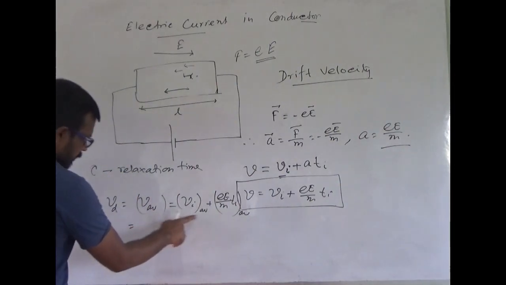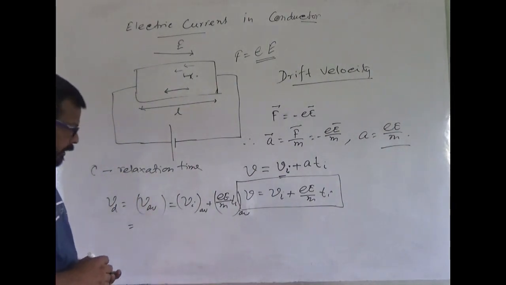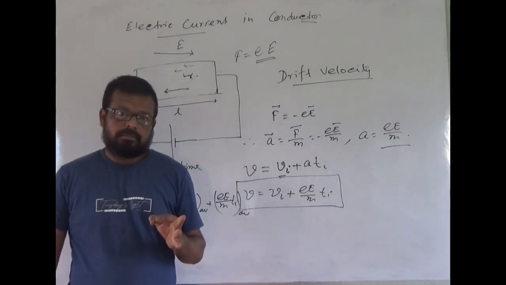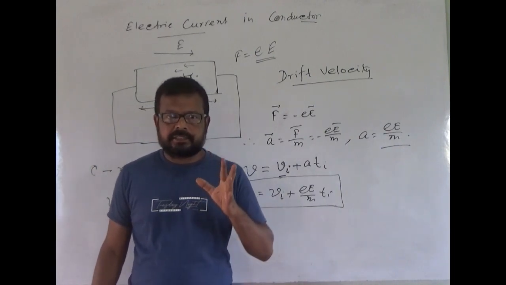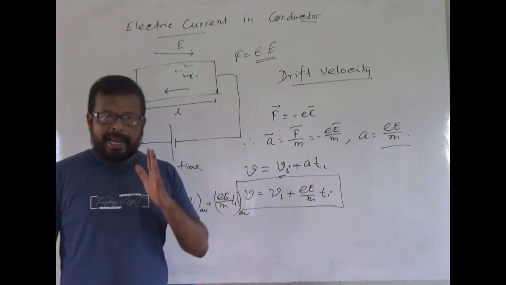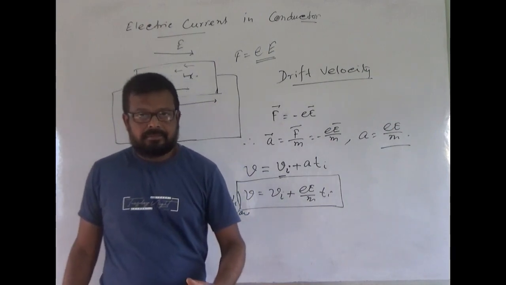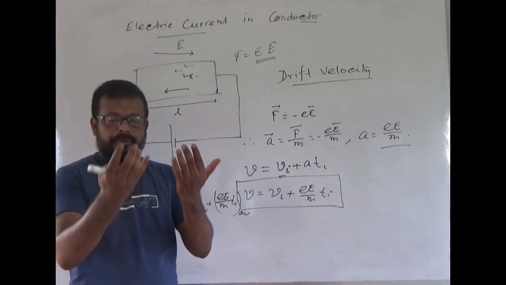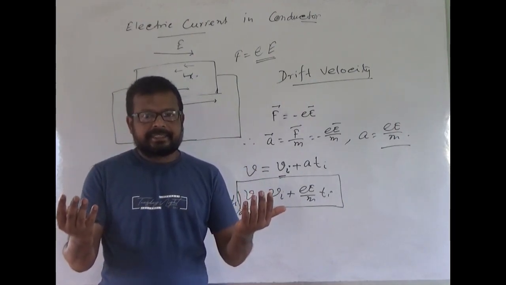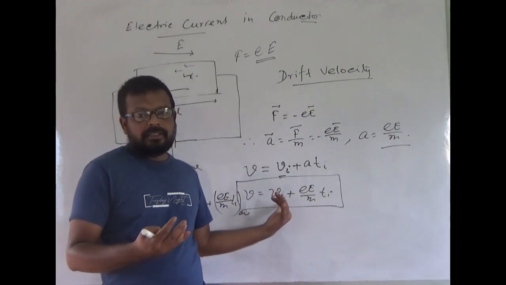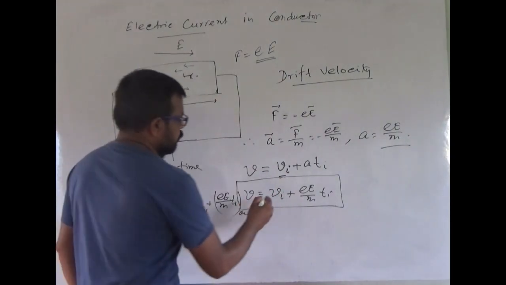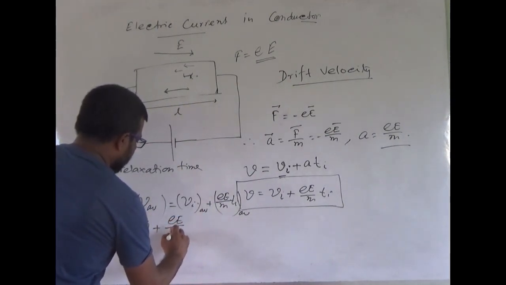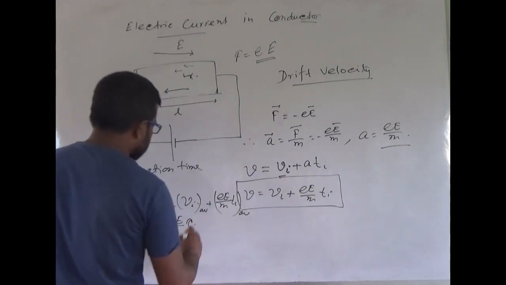Now Vi average is 0. What is Vi? Vi is the velocity due to thermal agitation, and these velocities are random, in different directions, so when we take the average of this velocity, that will be 0.